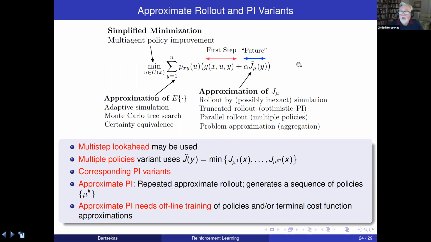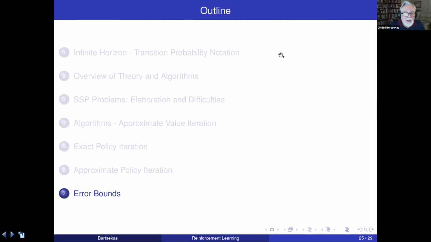So this is an important question, and it is addressed with error bounds, and there are a lot of error bounds in the literature. Now, the error bounds themselves are not important. What's important is what they tell you about the behavior of methods.